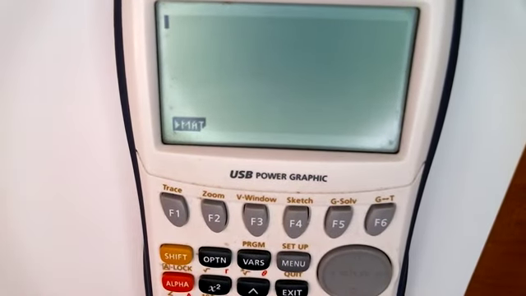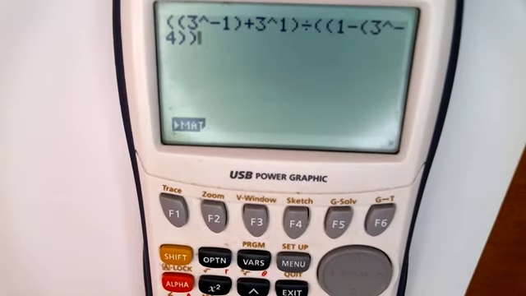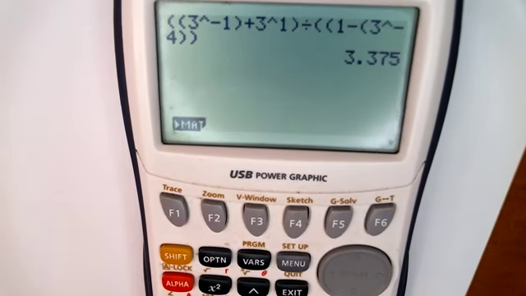So the top bit I've got is 3 to the power of negative 1, plus 3 to the power of 1, and that is all divided by, in two lots of brackets again, 1 minus 3 to the power of negative 4. And that is equal to 3.375. And there's our answer.